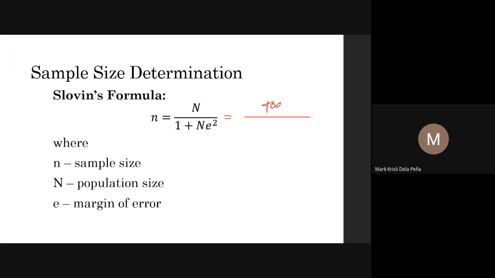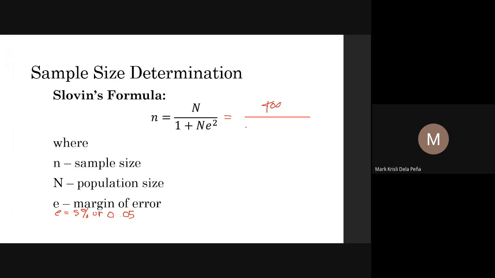Now, what if I want the margin of error e to be 5%? We cannot multiply 5% directly, so we have to convert it into decimal form. That's 5 divided by 100, or 0.05.